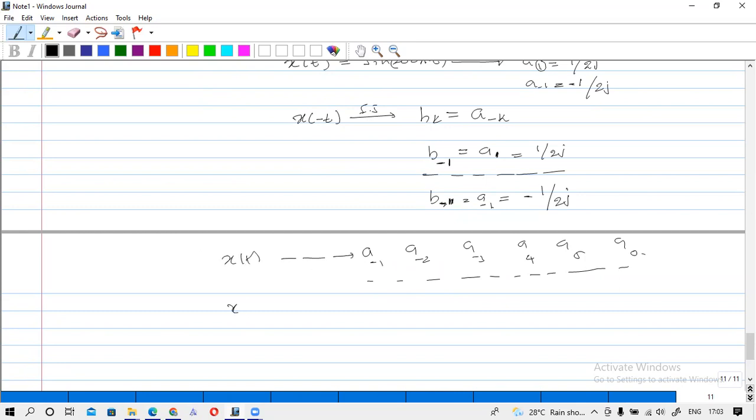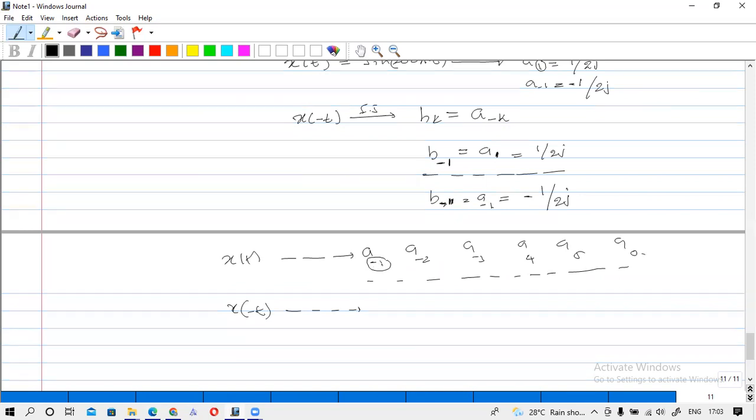And if we consider the time reverse signal x minus t, all these k's are reversed.